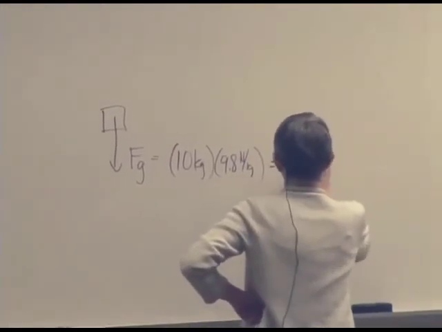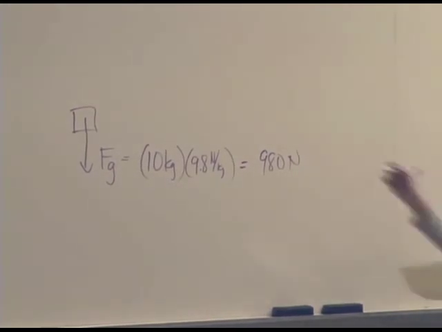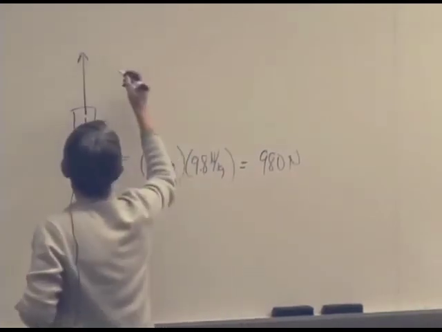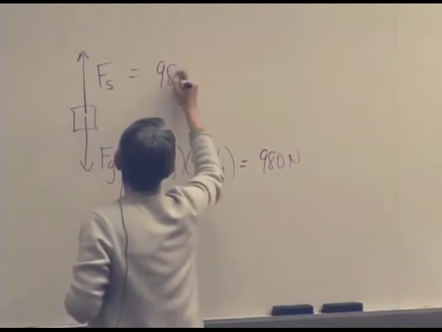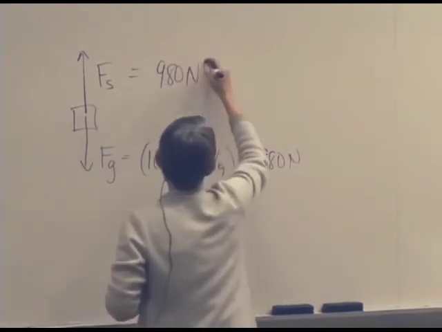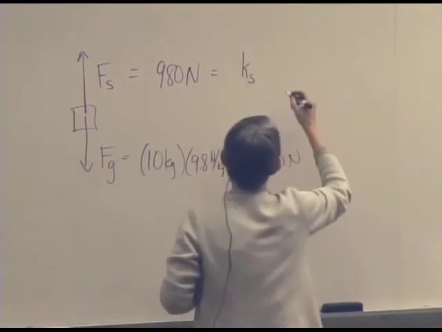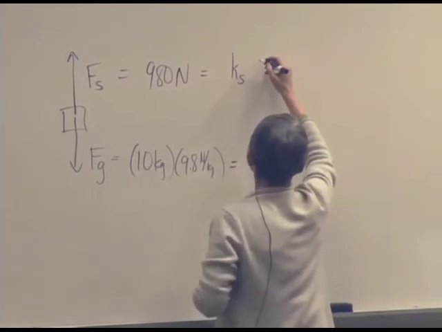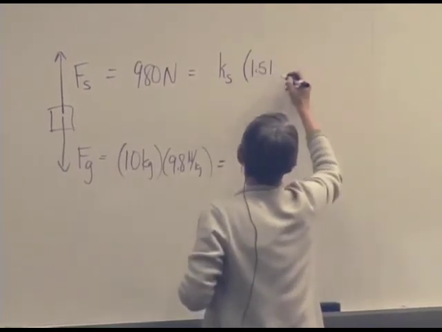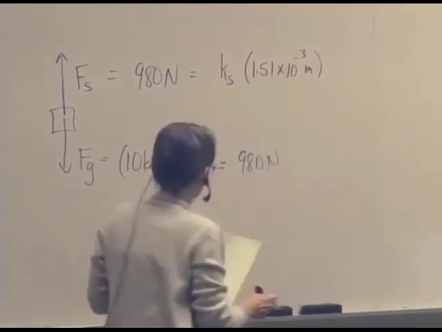So 980 newtons, right? And that was equal and opposite to F spring. That had to be 980 newtons. And that was equal to the spring stiffness times the stretch, which we know is 1.51 times 10 to the negative third meters.